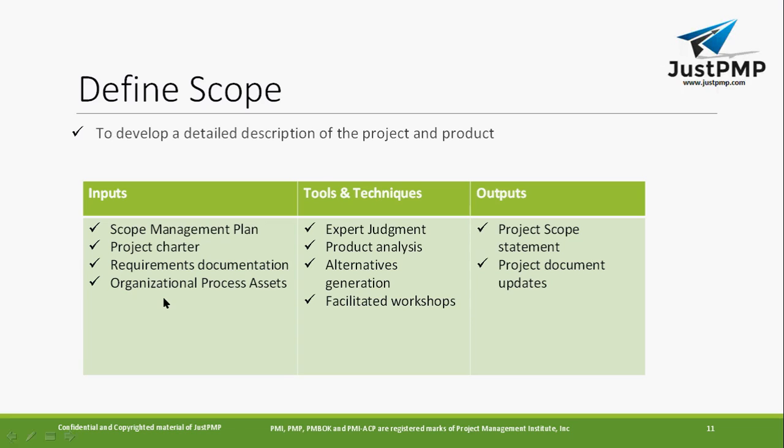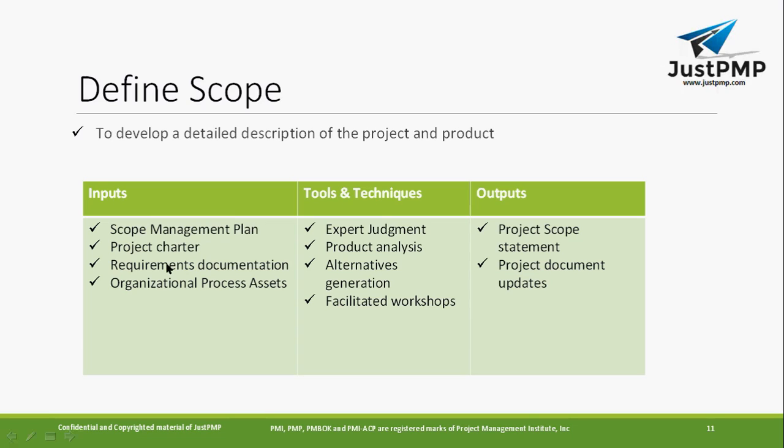The inputs are the scope management plan, project charter, requirements documentation, and organizational process assets. For defining a scope, you should have a plan, right? For the first phase, what scope will be there, for the second phase, what scope will be there. You should have those defined in the scope management plan.